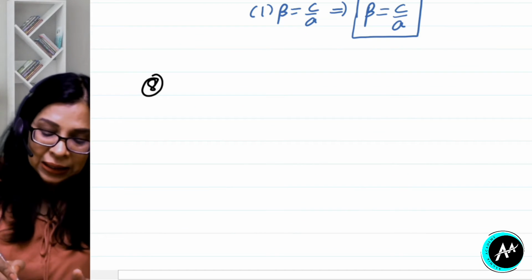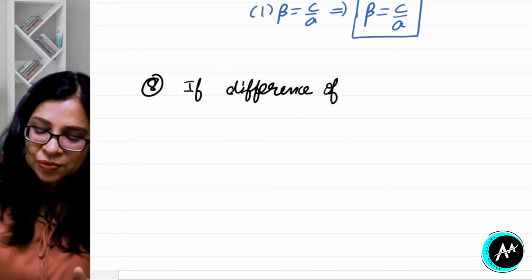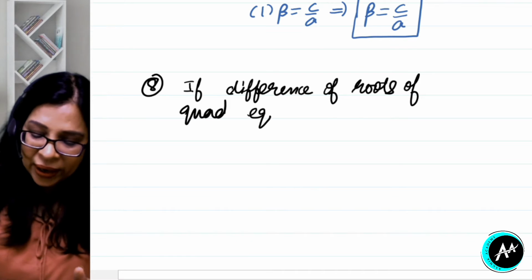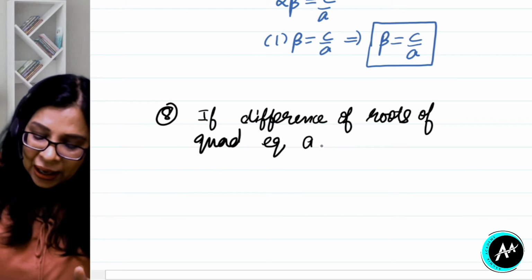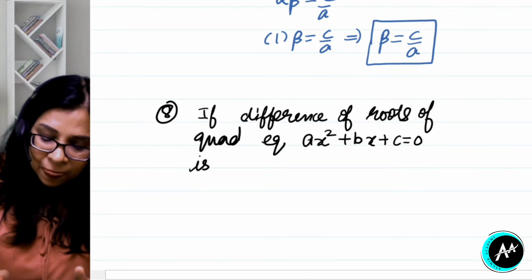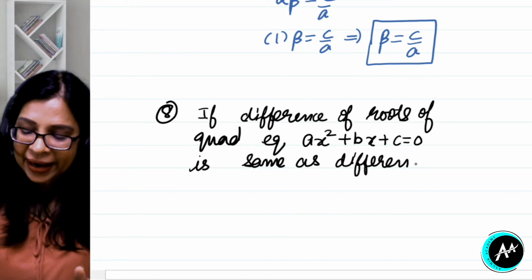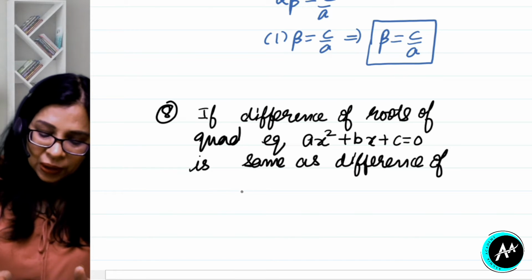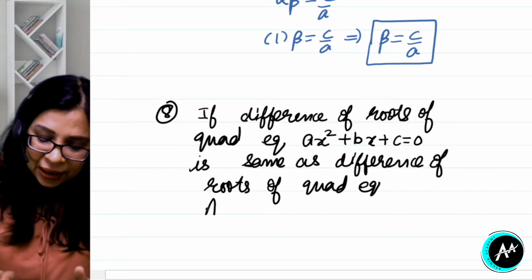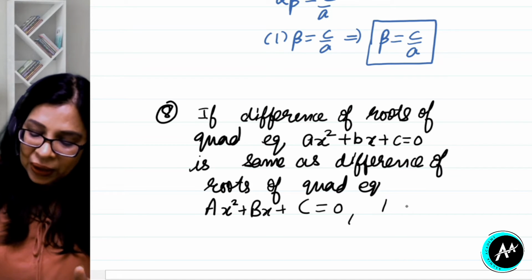So the 8th result would be that if the difference of roots of the quadratic equation ax square plus bx plus c equal to 0 is the same as the difference of roots of another quadratic equation, which is given by capital A x square plus capital B into x plus capital C equal to 0, then what is the result?